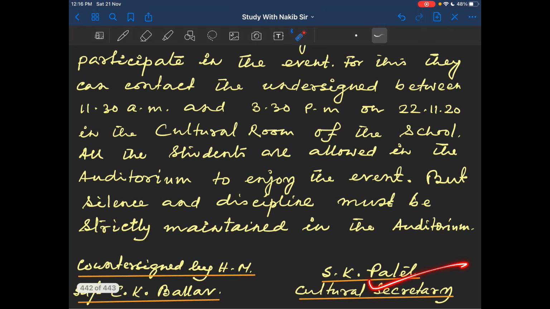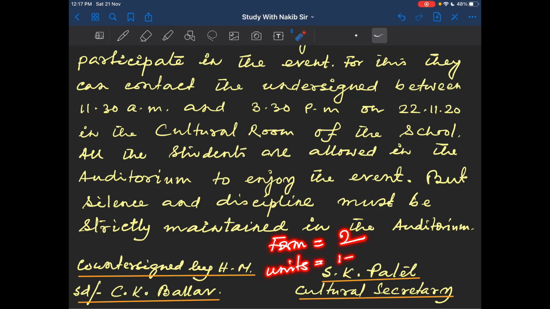And this is the part of S.K. Patel, Cultural Secretary, countersigned by the headmaster, signed C.K. Vallabh. This is the part of the form. So your total number is like this. The examiner will write form 2 units.